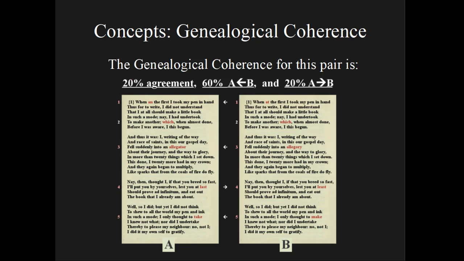We see it's 60% here, because there's 3 that go from B to A. There's 20% from A to B, because there's only 1 where the change goes from A to B. And 20% is agreement. It's number 2 is just an agreement. And so the genealogical coherence for this one is 20% agreement, 60% B to A, and then 20% A to B. And that tells us that most of the change that's going on is going from B to A, right?